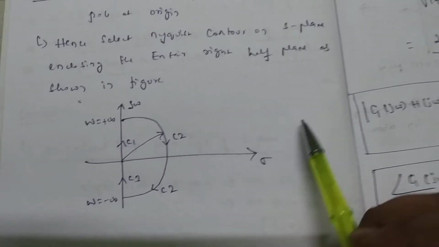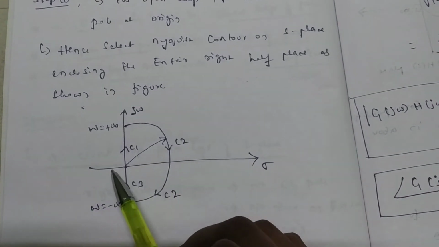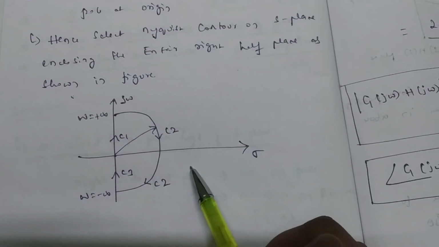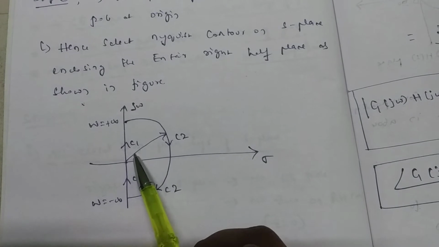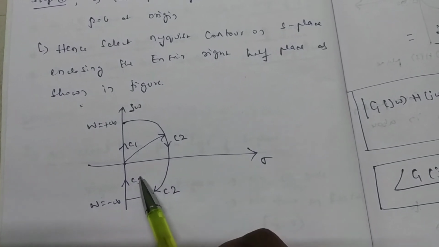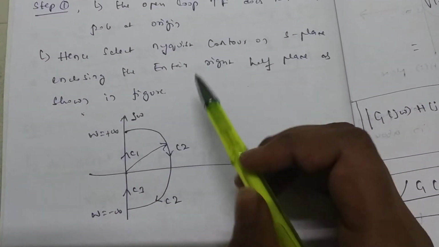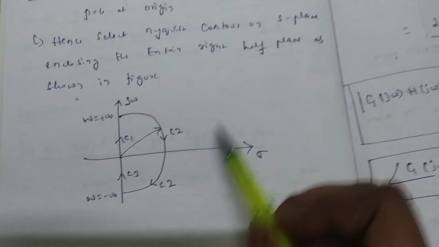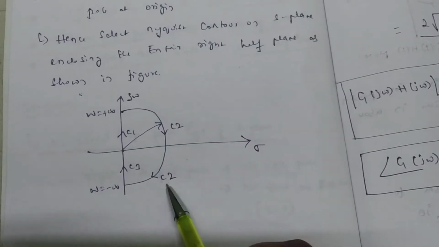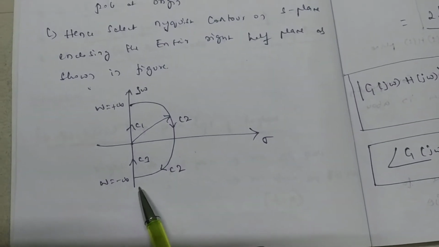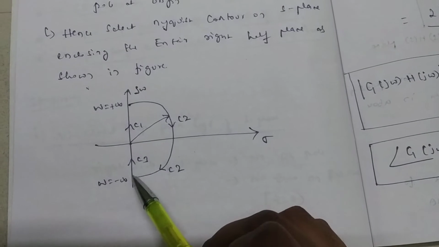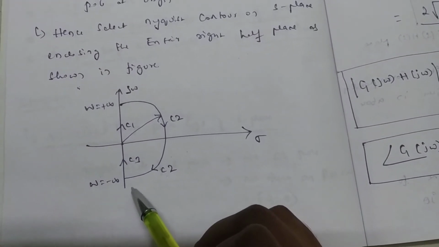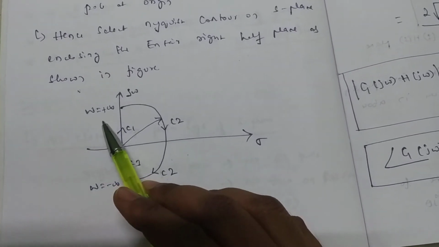Because according to our system, we have 3 sections, that is C1, C2 and C3. So our Nyquist contour is like this, with 3 sections C1, C2 and C3 from omega equal to minus infinity to plus infinity.